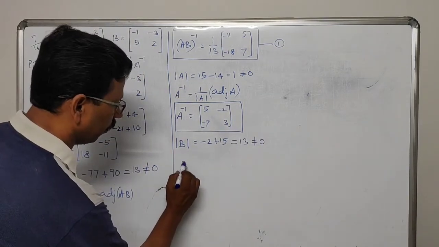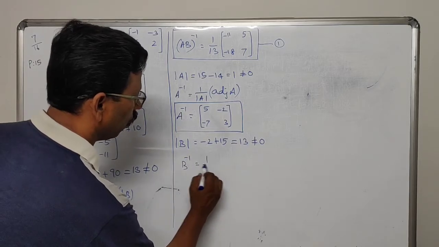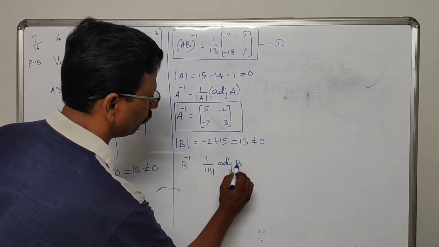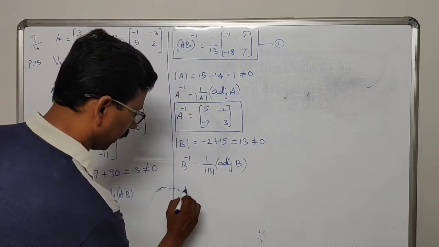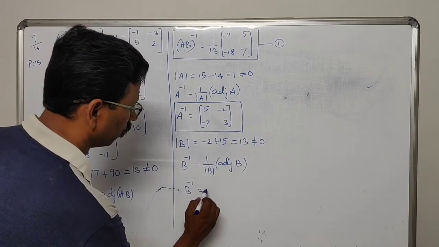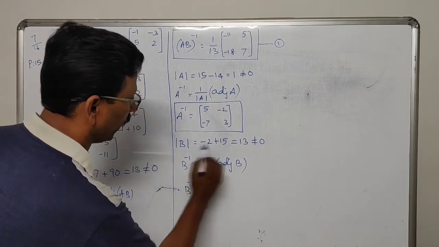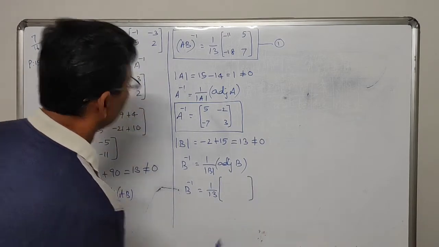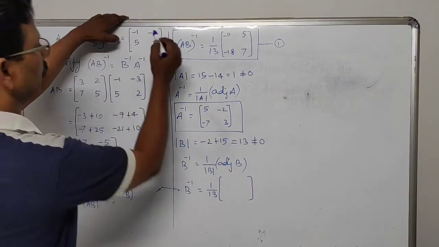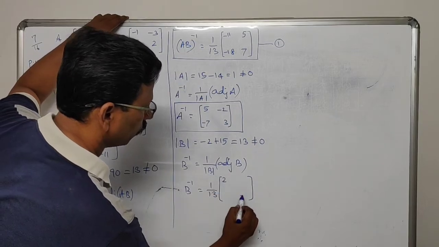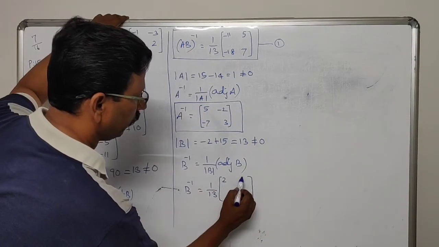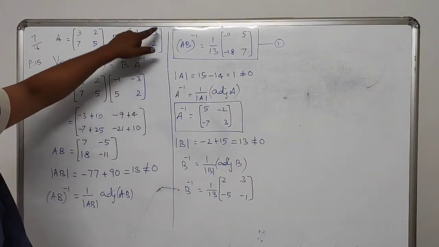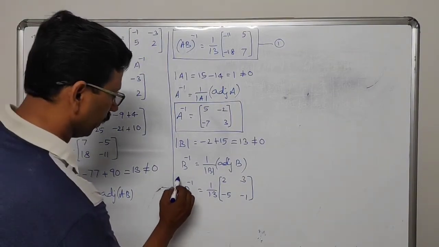B inverse is equal to 1 by determinant B into adjoint B, means 1 by 13 into adjoint B. We consider matrix B, interchange these two: this is 2, minus 1, then 3, this is minus 5. Interchange these two and change the sign of these. Now this is B inverse.